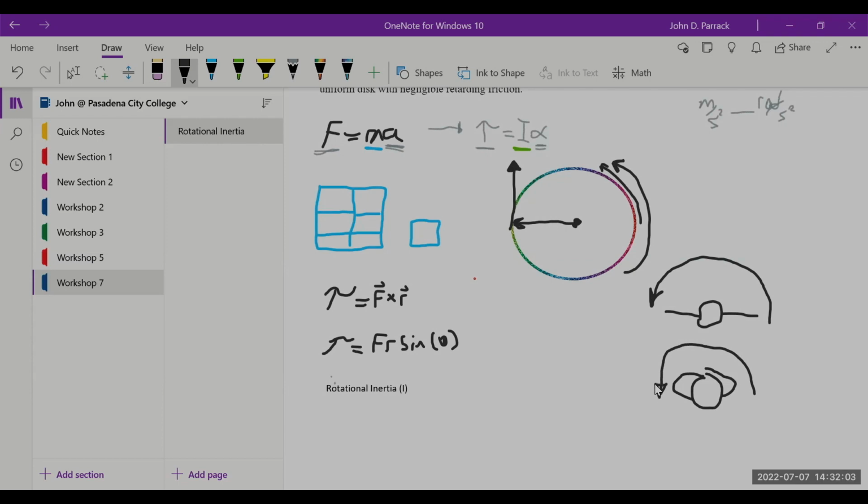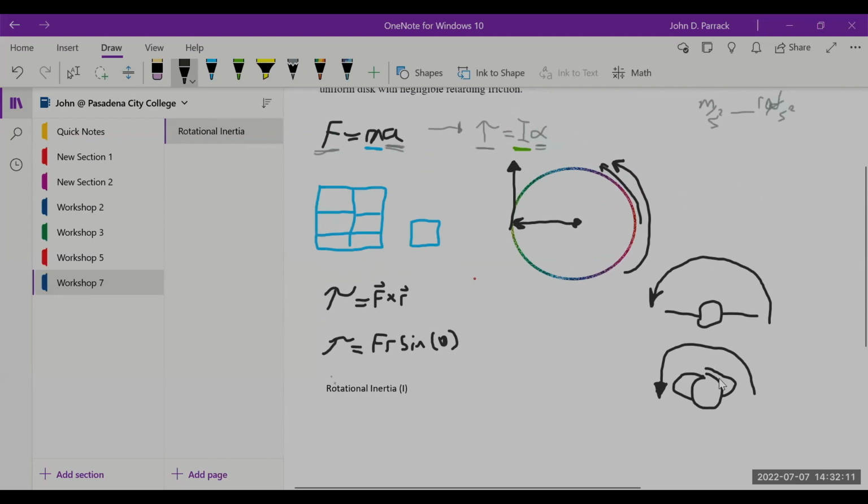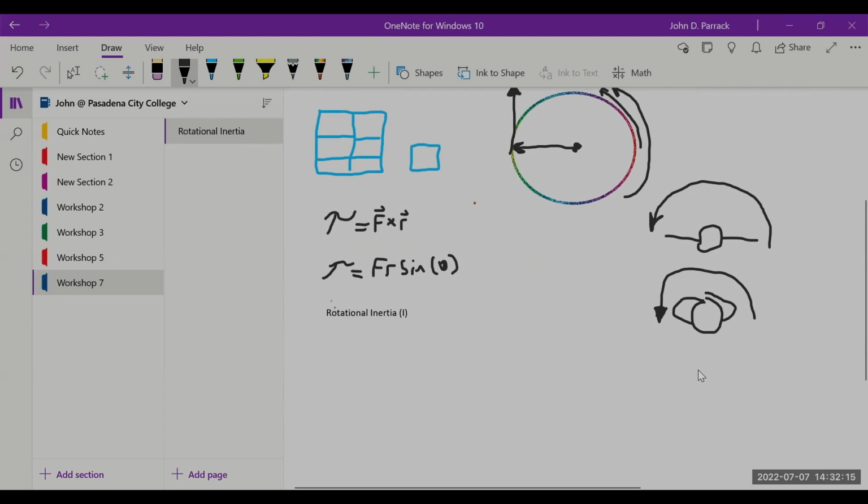The reason is they've reduced their rotational inertia by tucking the mass tighter to themselves. So when the mass is less spread out, when it's at less distance from the rotating axis, we can reduce the rotational inertia. You can try this out: pause and stand up and start spinning around in your room. You'll notice a big difference between spinning with your hands out and spinning with your arms tucked tight to yourself.